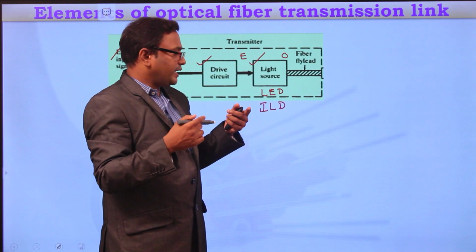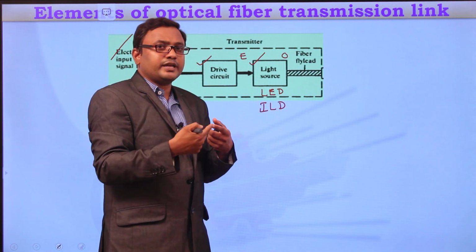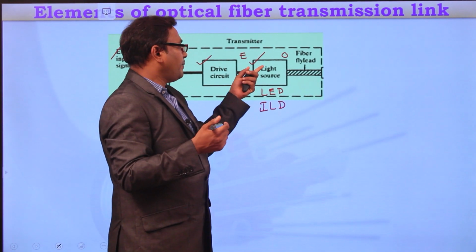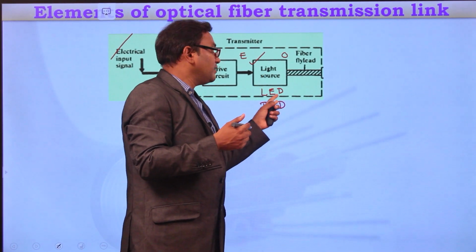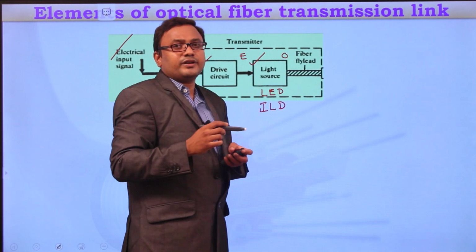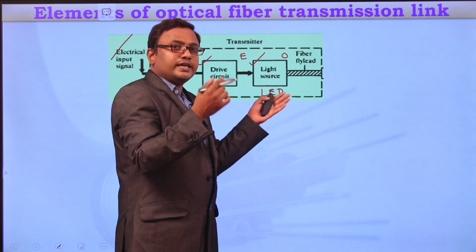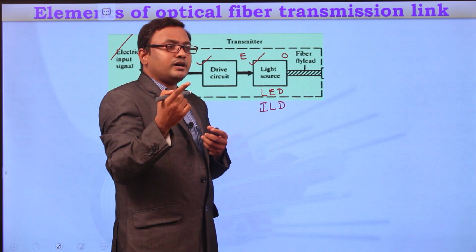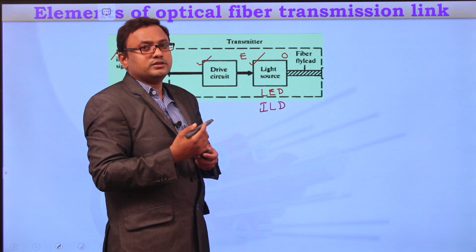Directly it may be difficult to connect the optical source with the optical fiber cable. That's why the manufacturer of the optical source attaches a small piece of optical fiber cable to the output of this laser source, right?